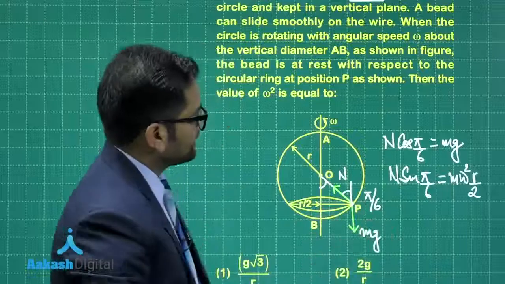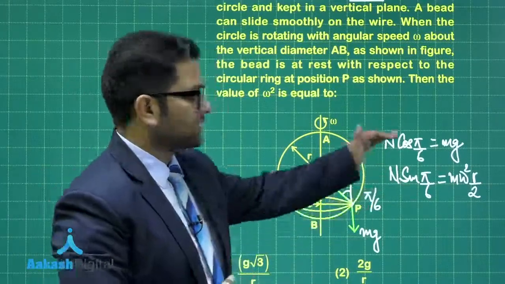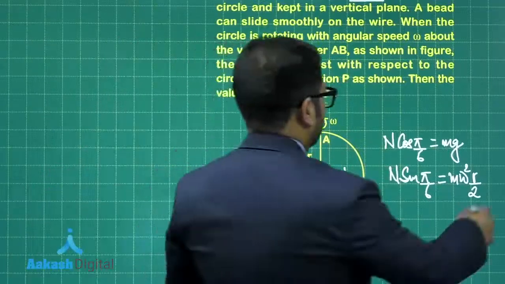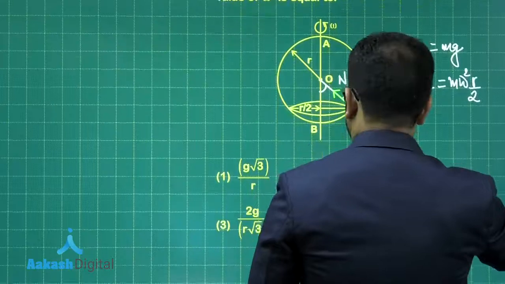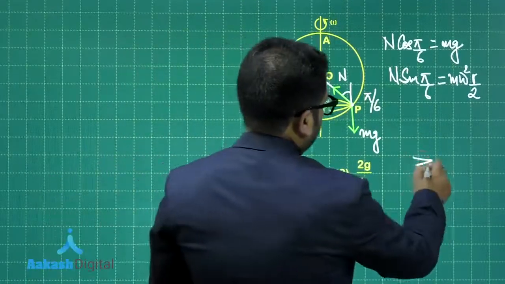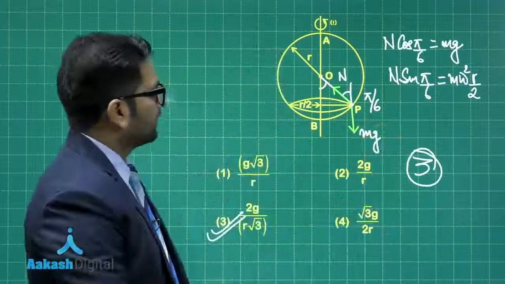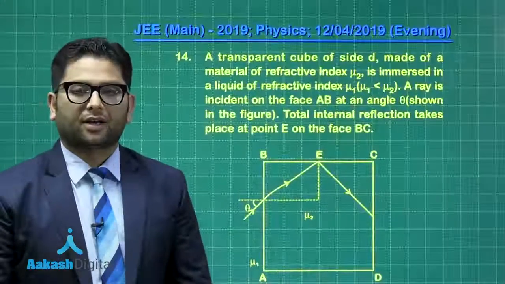All you need to do is this much. And you wanted the value of omega square, you just divide it and you would get the value of omega square. So the correct option for this is going to be option number 3. Let's move to the next.